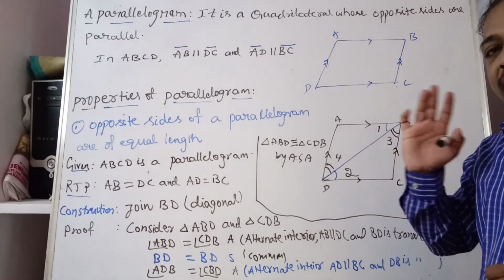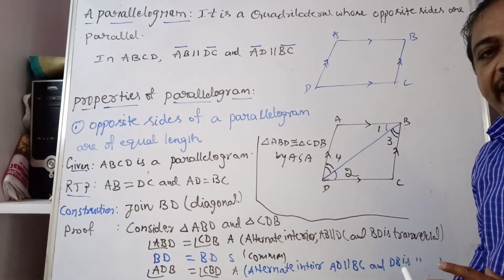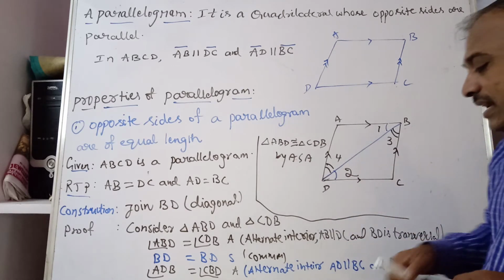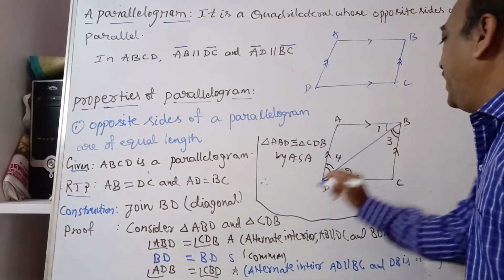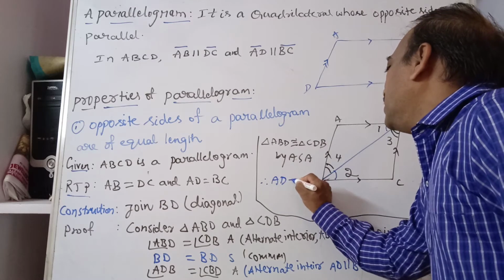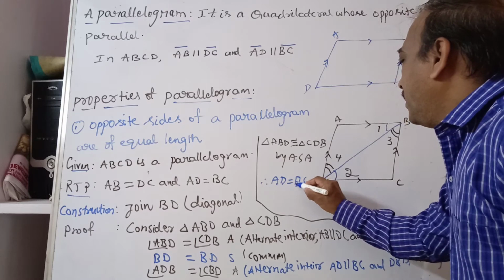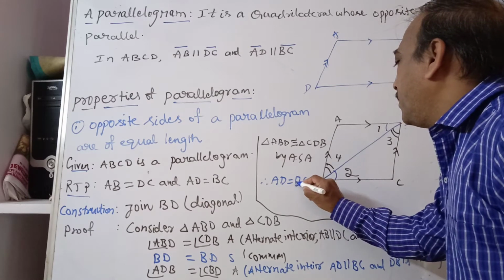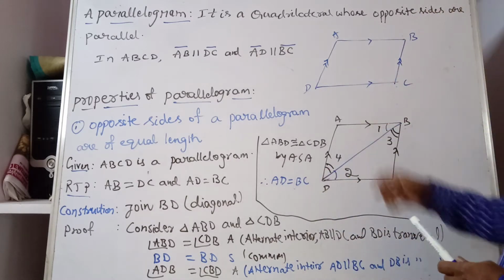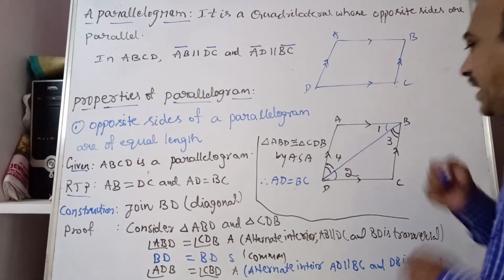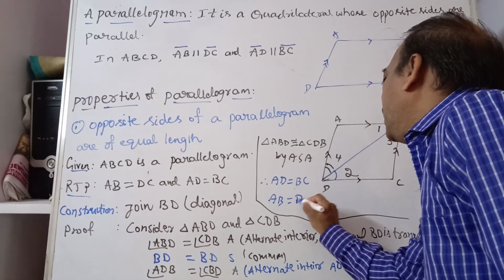By CPCT, we learned in class 7. If the triangles are congruent, then their corresponding parts are equal. Here, so therefore AD is equal to BC, and AB is equal to DC.